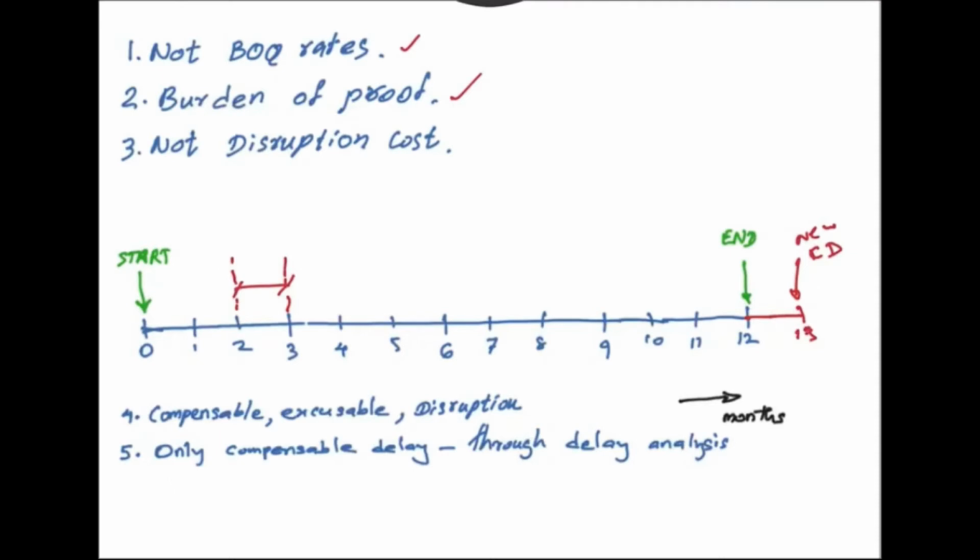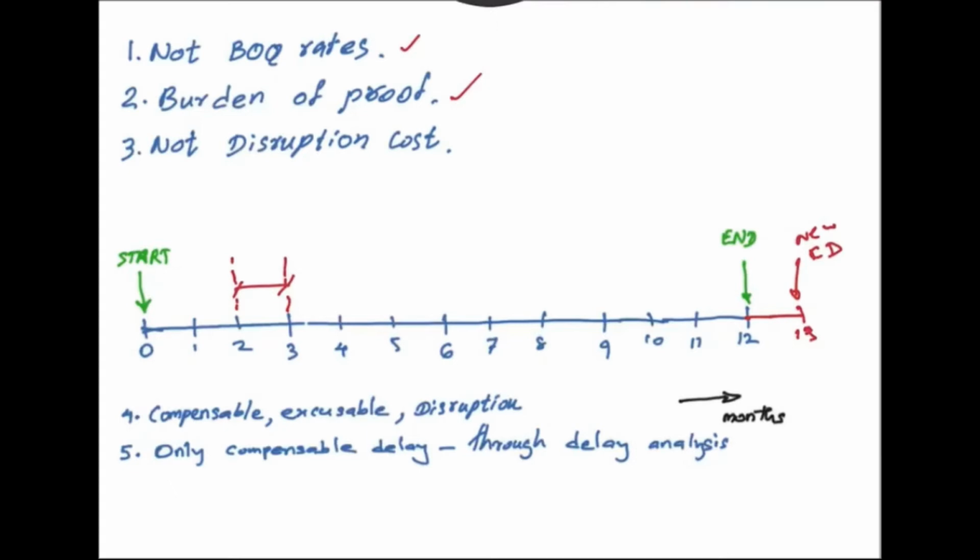So this delay event, we can take the delay as compensable or excusable or disruption, or a mix of all these three. Compensable delay is the delay that occurs where the contractor is also entitled to compensation.